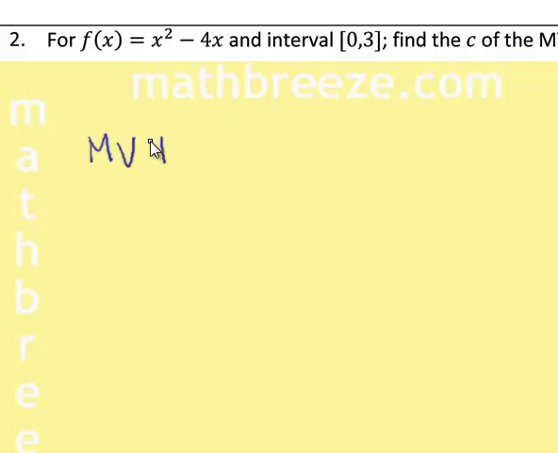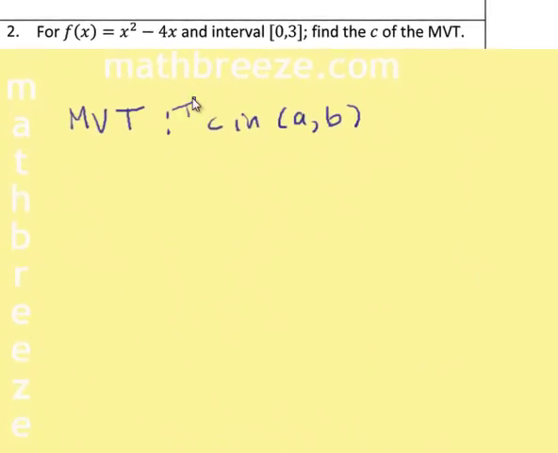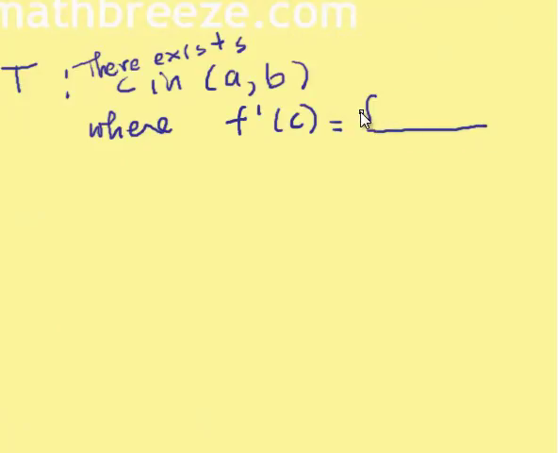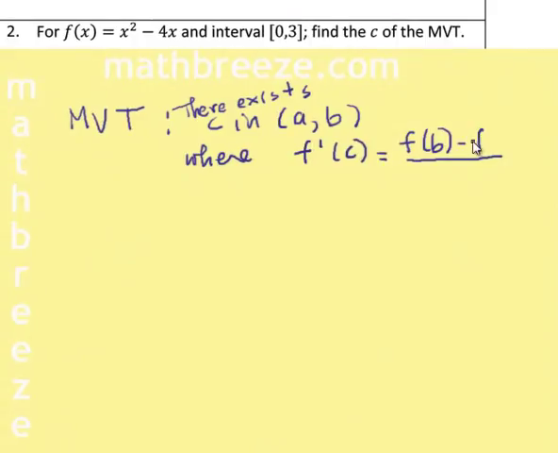If we have a function that is differentiable on (a, b), then there exists c in (a, b) where f'(c), the derivative, is equal to the slope of the secant line from a to b. That would be the slope formula (f(b) - f(a)) over (b - a).